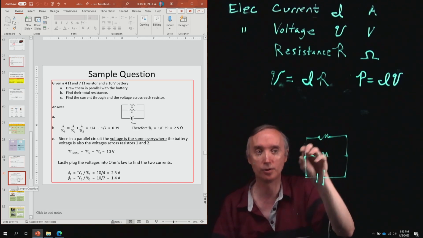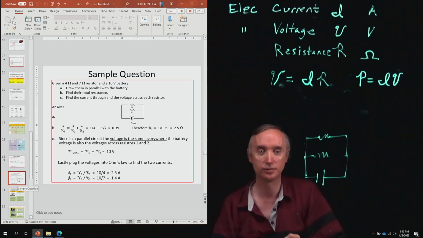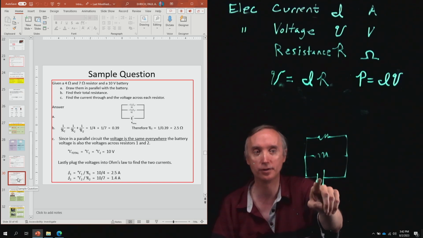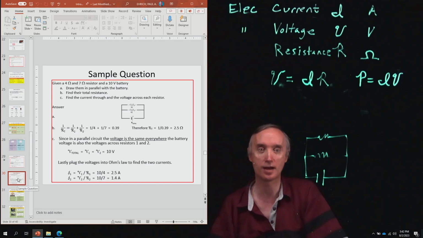But it conserves energy. Whereas if you did it in parallel, it's going to drain that battery pretty quick, but if you put them in series, it doesn't drain the battery quite as fast.